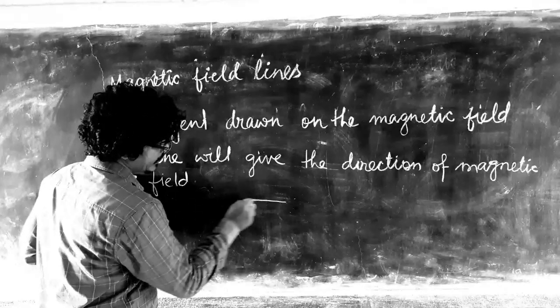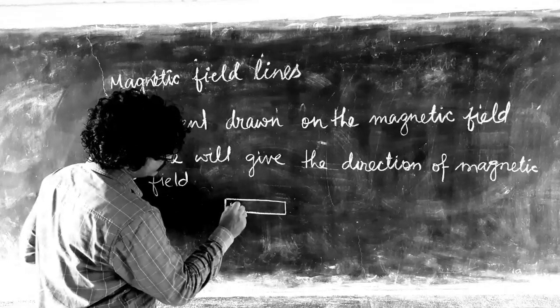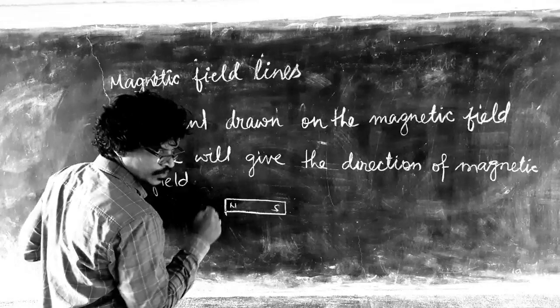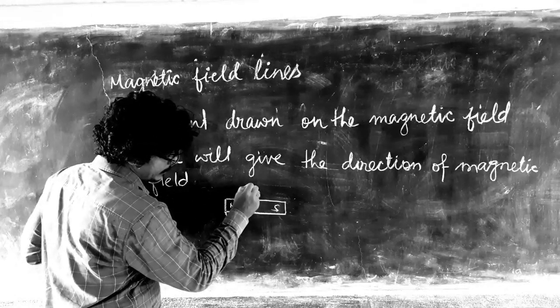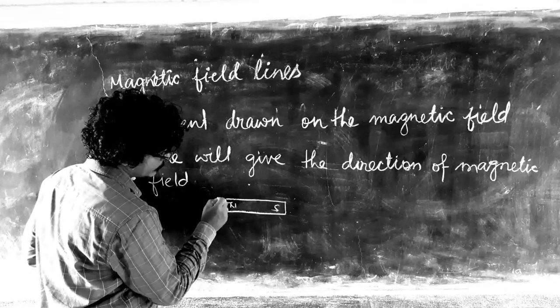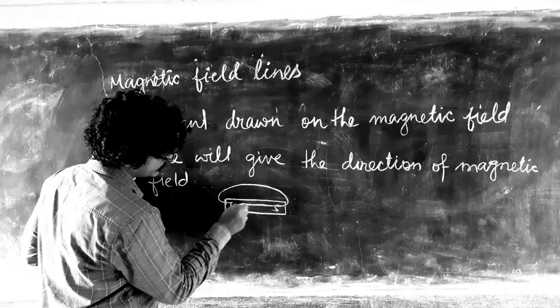So suppose this is a bar magnet, this is north pole and south pole. I want to know the direction of the magnetic field at this point. So we will draw the magnetic field line passing through that point.